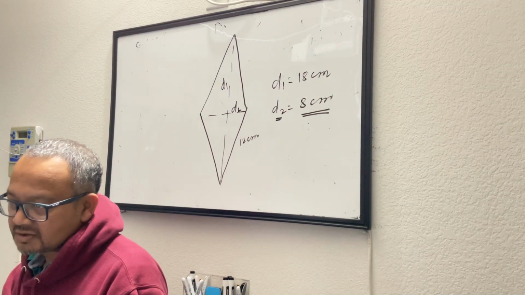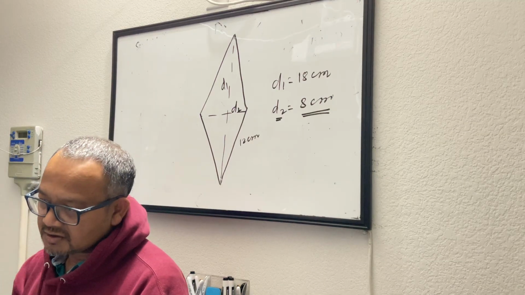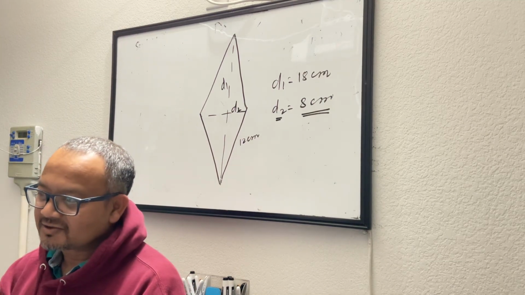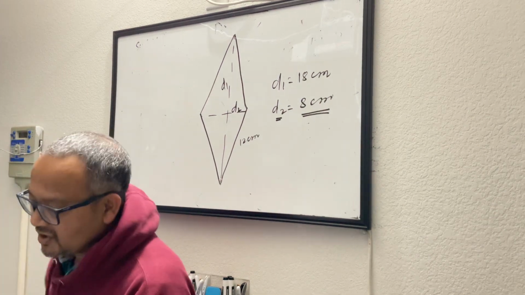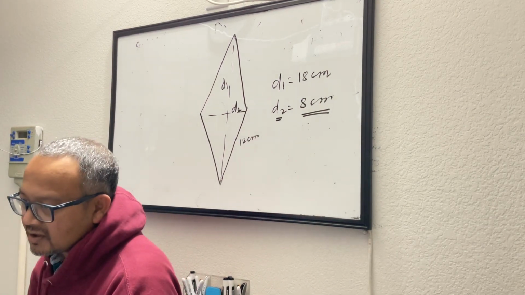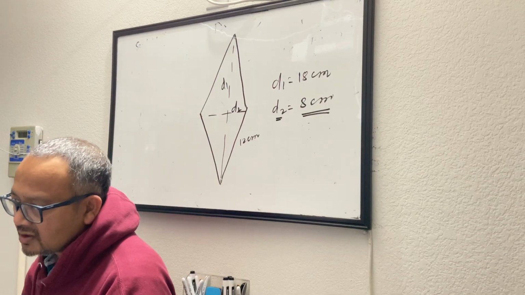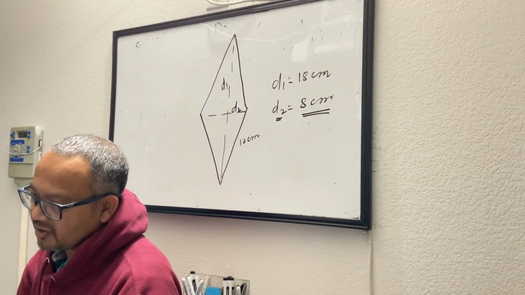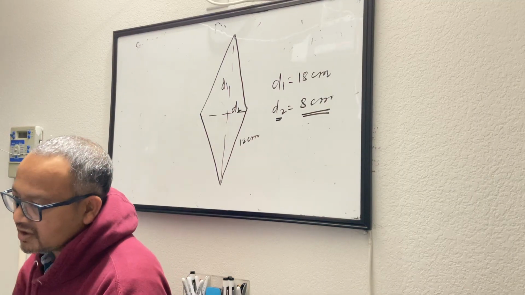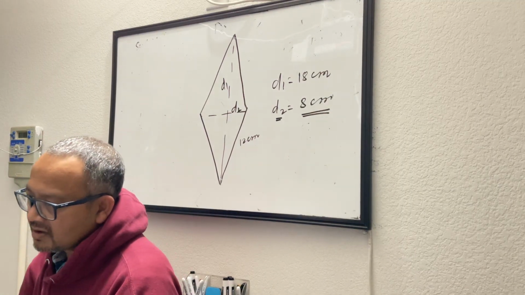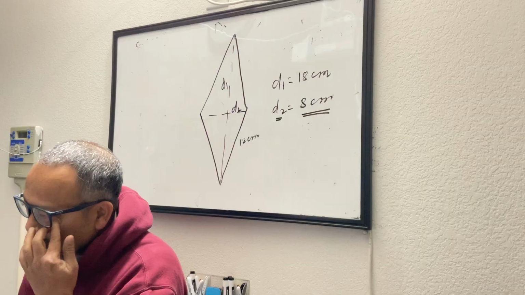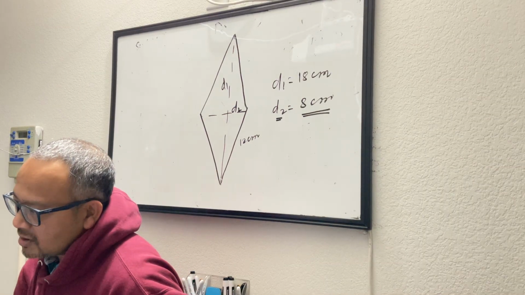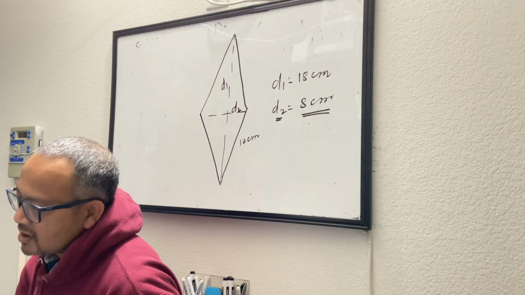Anika, how much? What is the answer, beta? I got for perimeter 48 centimeters, but I'm still doing area. Okay. Sanviji, what did you get? My answer for area is 72 centimeters, and my answer for perimeter is 48 centimeters.